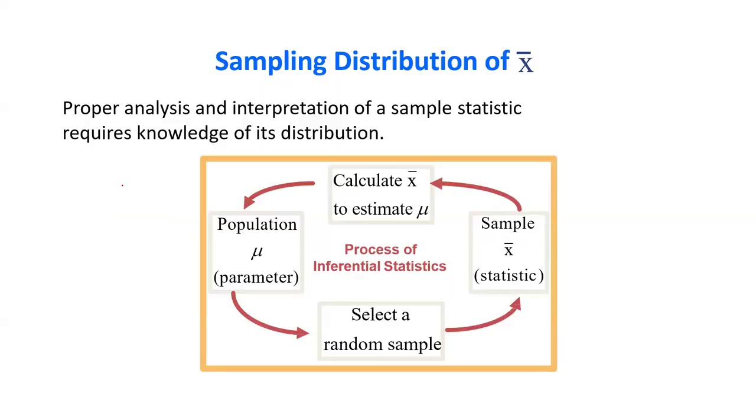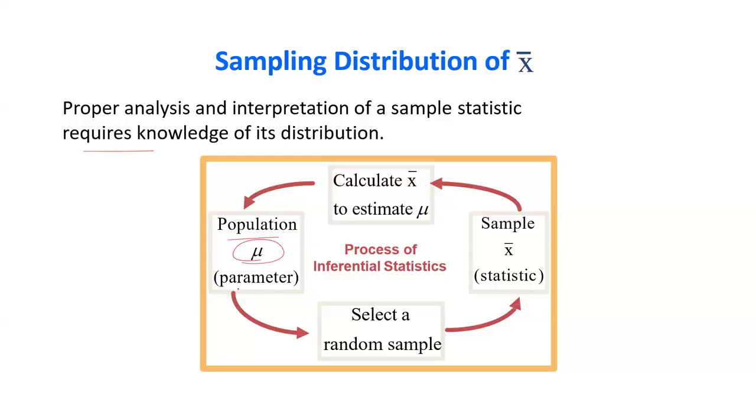Okay. Now this is the whole process of inferential analytics. So now you have this population, and let's suppose this is the parameter about which we have to derive the inference.